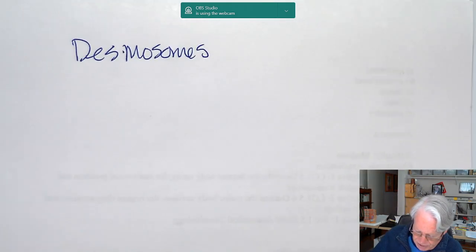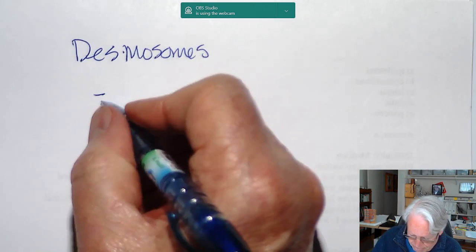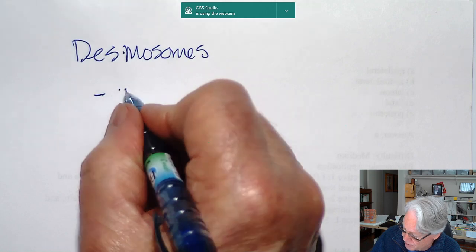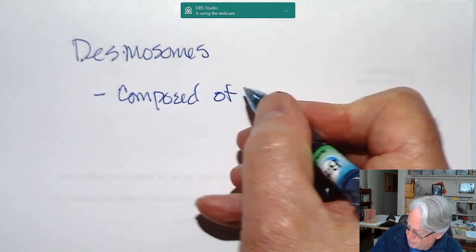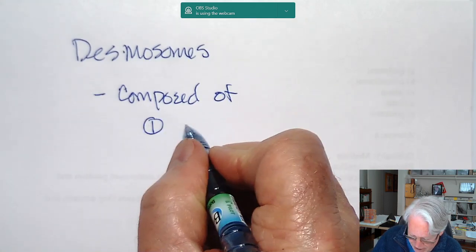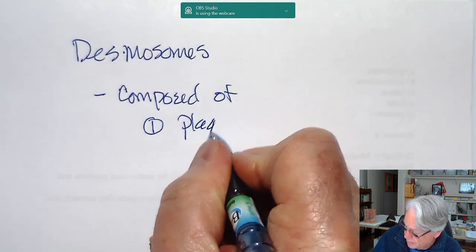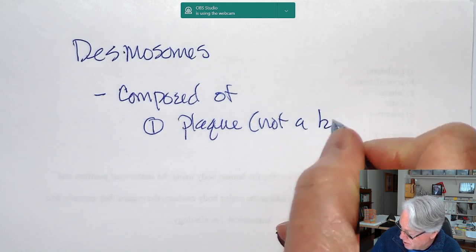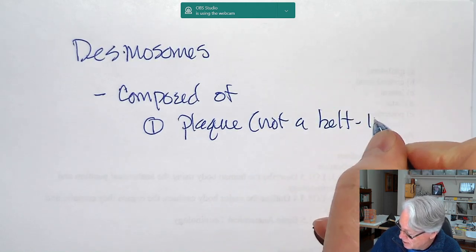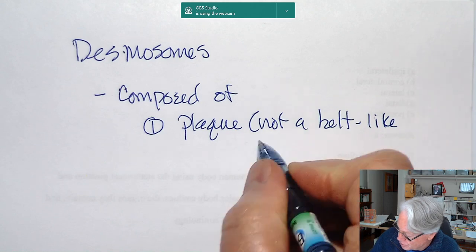So desmosomes. This is composed of, number one, a plaque, not a belt-like structure.